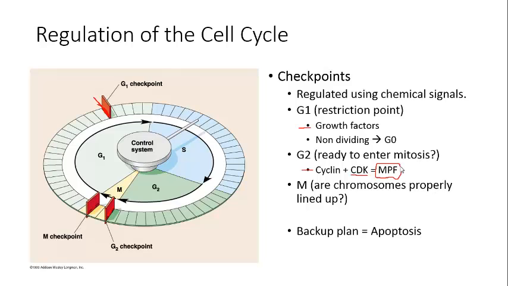There's also a checkpoint right smack in the middle of mitosis during metaphase. And at the M checkpoint, the cell looks to see if the chromosomes are properly lined up.